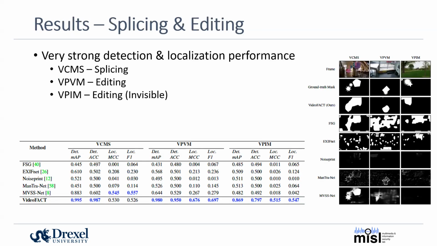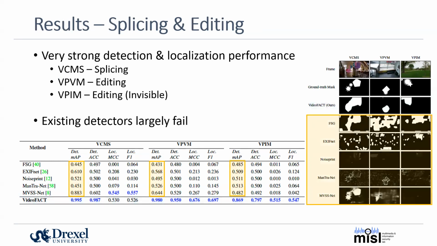Here's the result. On splicing and editing, we obtained very strong detection and localization performance on all three datasets in the standard video manipulation dataset. And we can see that existing detectors largely fail.